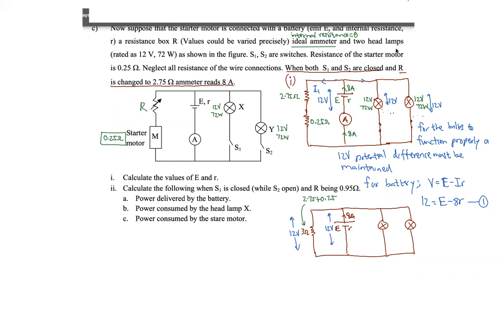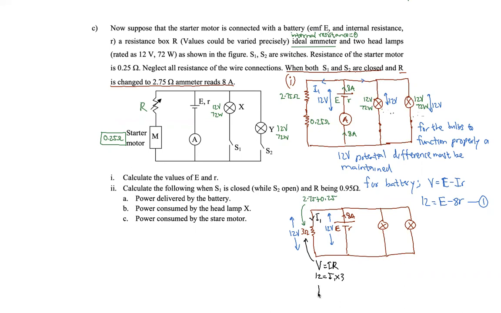For this 3 ohm, if I apply V equal IR, V will be 12, I will be I1, the current going through that, into R is 3. So I1 is equal to 4 ampere.